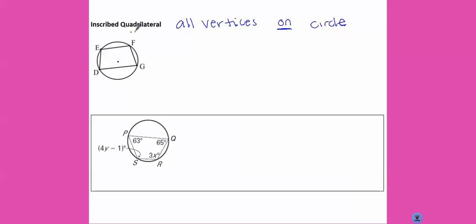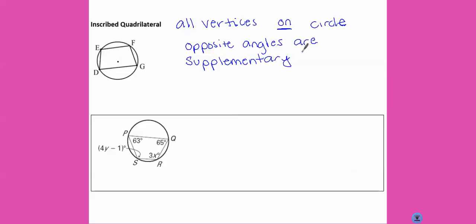And the special thing about these inscribed quadrilaterals is that the opposite angles are supplementary. Which, in case you've forgotten, means that they add to 180 degrees.